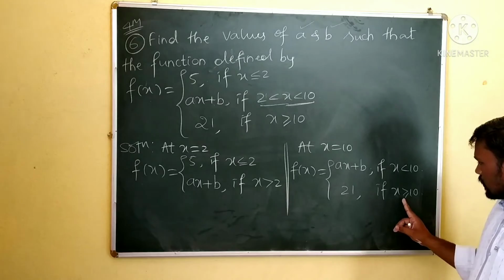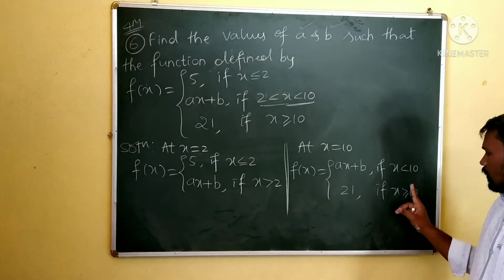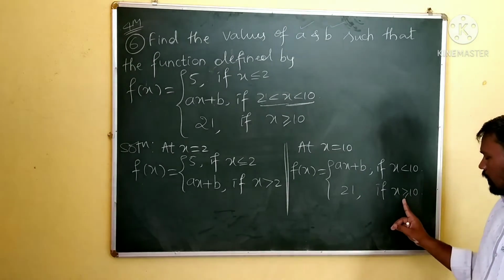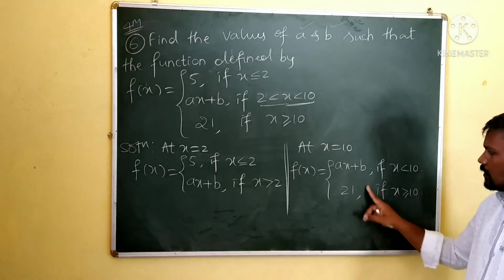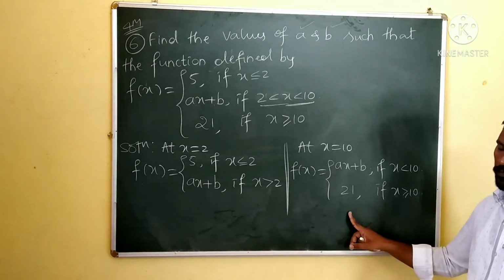Because look at the inequality symbol here, x is greater than or equal to 10, which means the greater than symbol and the equal symbol are merged. Which means 21 is the value of the right hand limit as well as the value of the function.